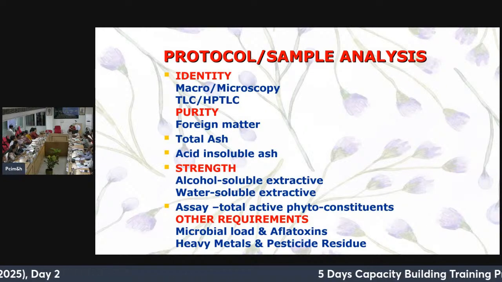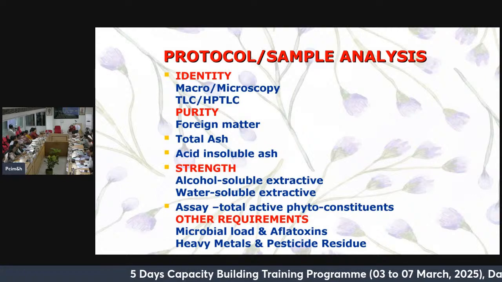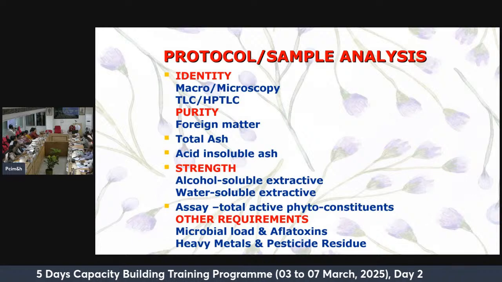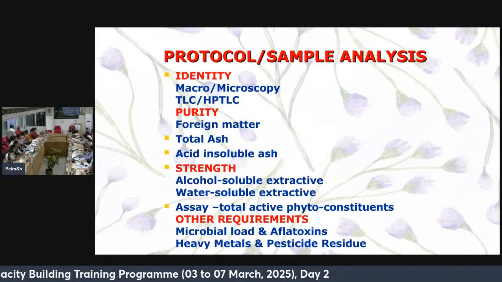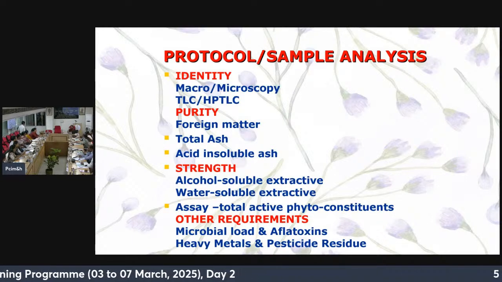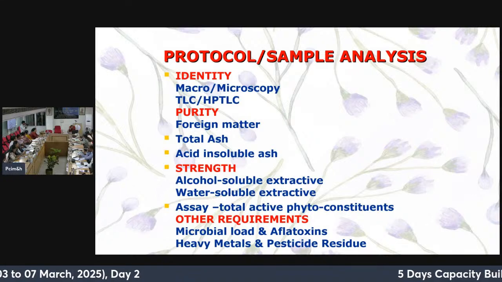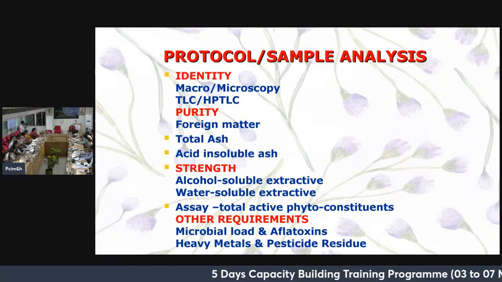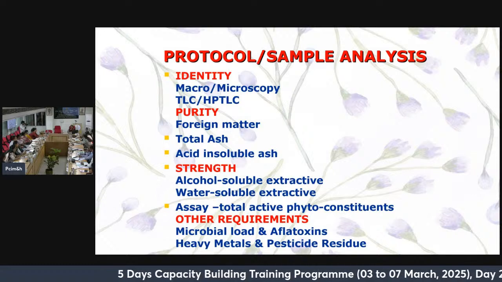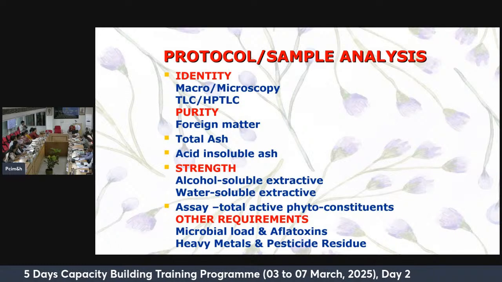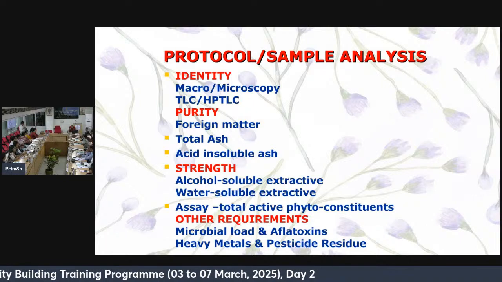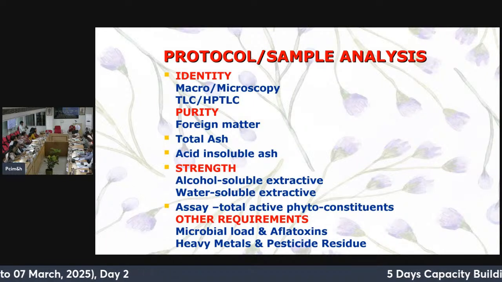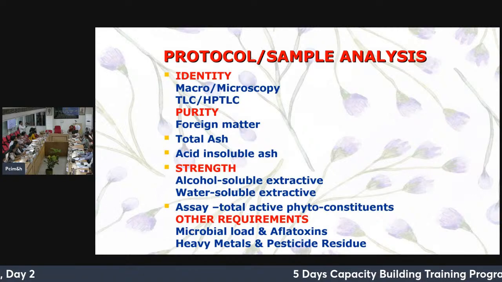Whenever we start the process or development of a monograph, we should go to this parameter first. Just after the collection of raw material, the washing, drying and storage process, we then distribute the raw material to the different sections. In our pharmacopoeia, the first part is botanical identification, where we see the macroscopy and microscopy.